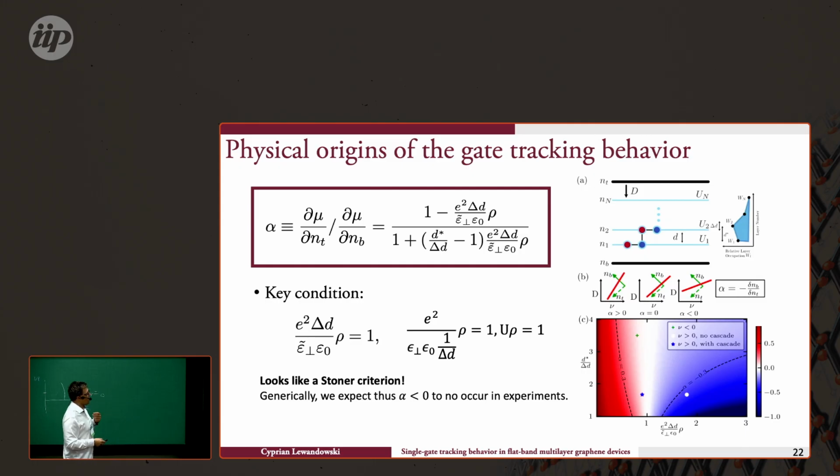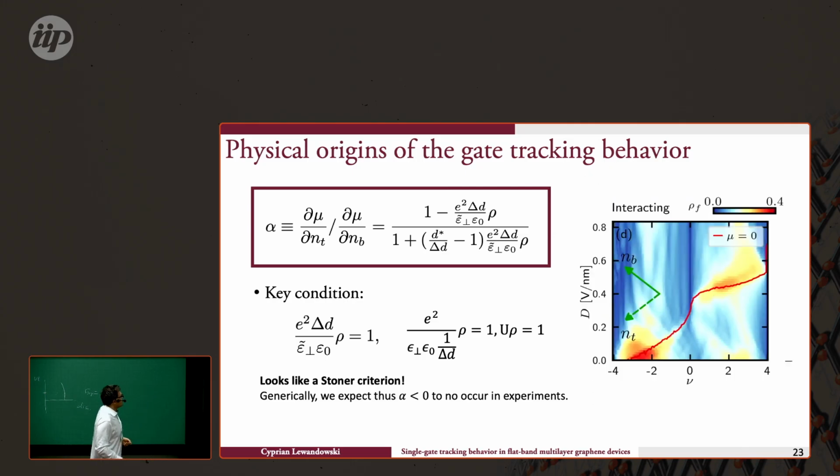So what I am arguing is that by this condition alone, you are anticipating that your system would actually want to undergo symmetry breaking, and it does not want to be in this over screened regime.